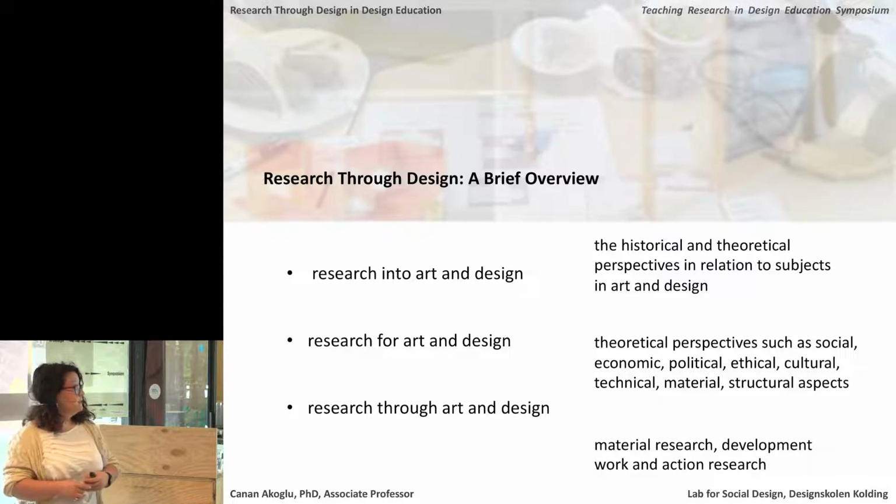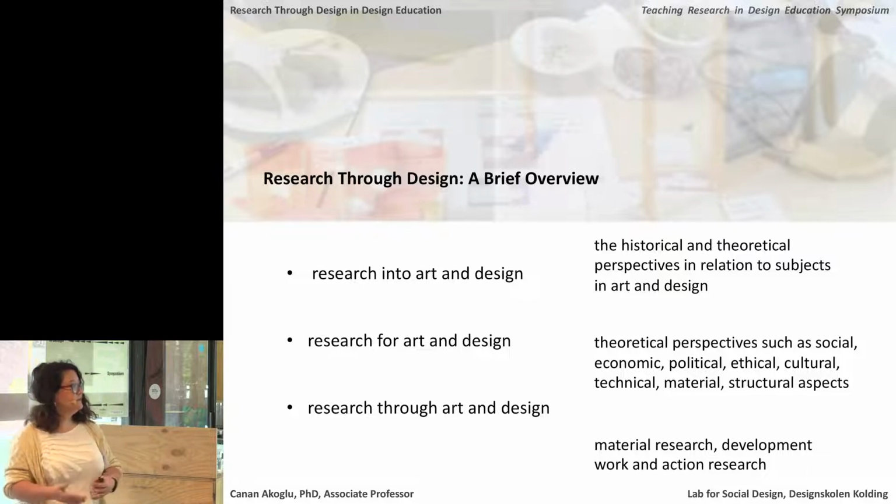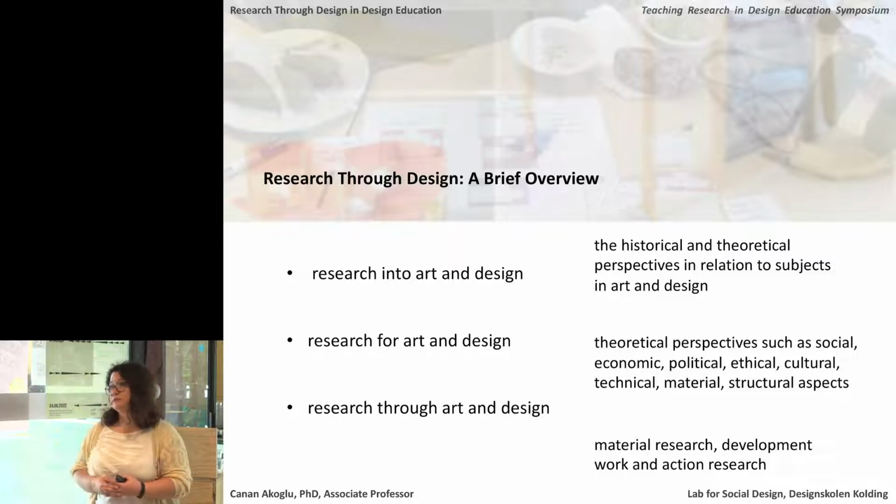The second one, research for art and design, looks more into theoretical perspectives such as social, economical, ethical, cultural, material aspects. The third one, which is also the foundation of my talk, looks into material research, development work, and action research.